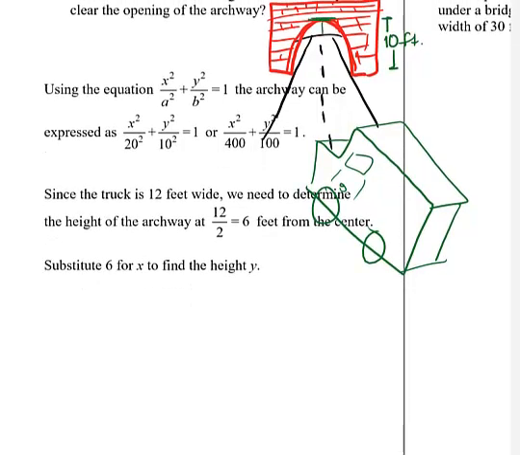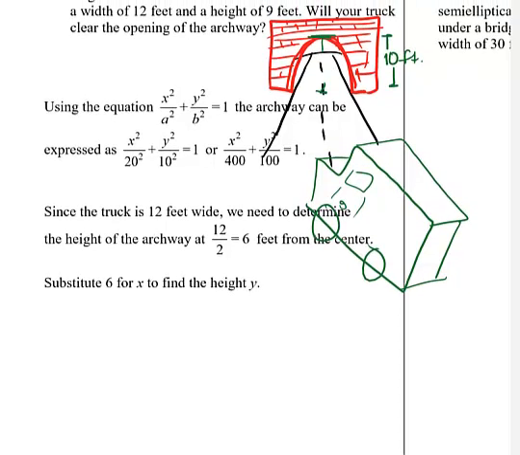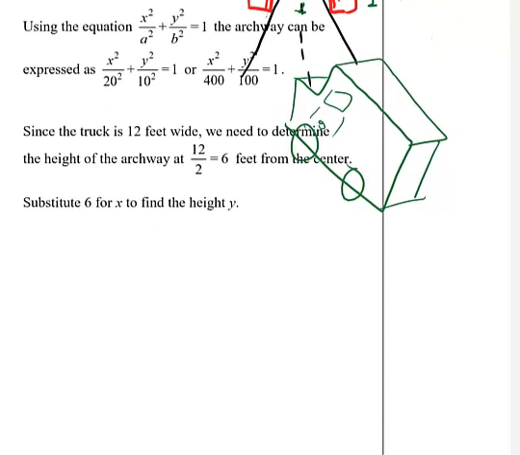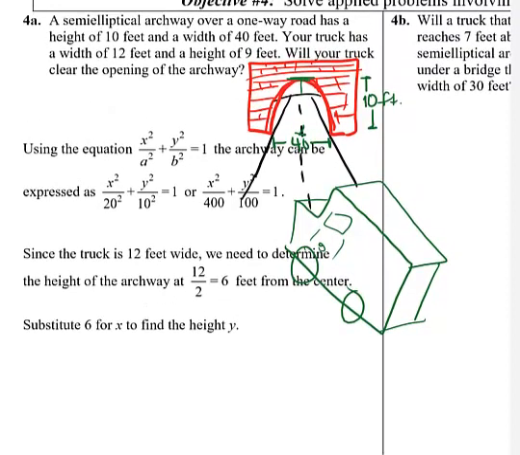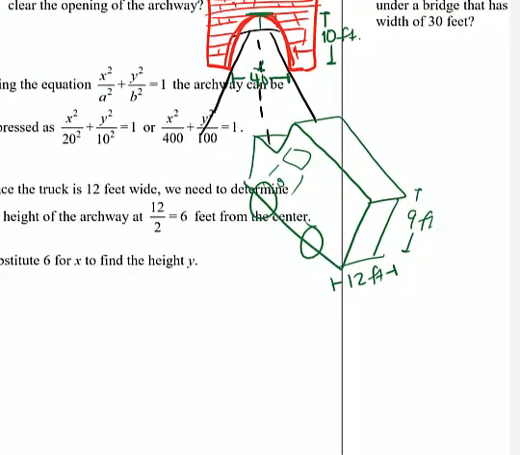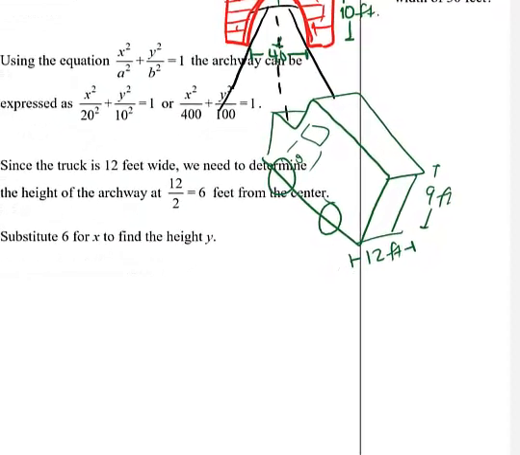It's got a width of 40 feet, from here to here. I didn't draw this to scale, but whatever. Your truck has a width of 12 feet and a height of 9 feet. Will your truck clear the opening of the archway?